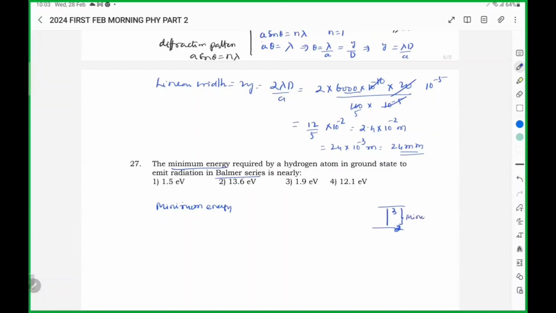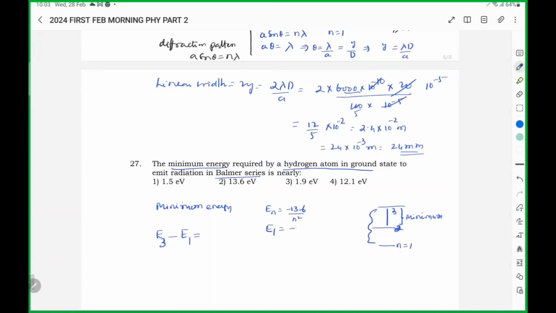But he told hydrogen atom in ground state, that is n equal to 1 to 3, that is E3 minus E1. En here is minus 13.6 by n square.